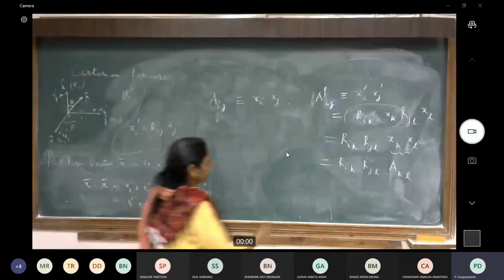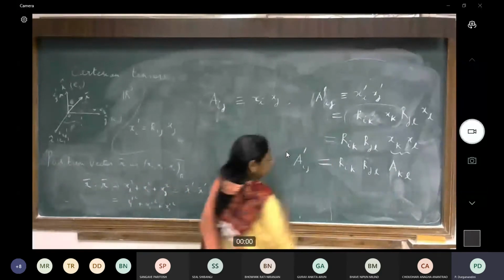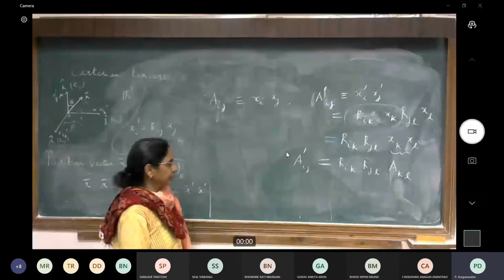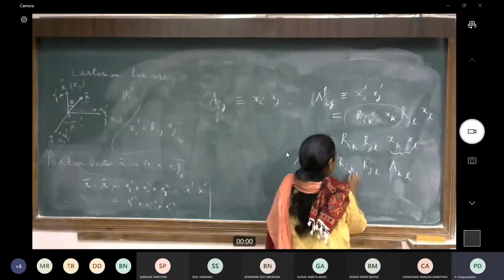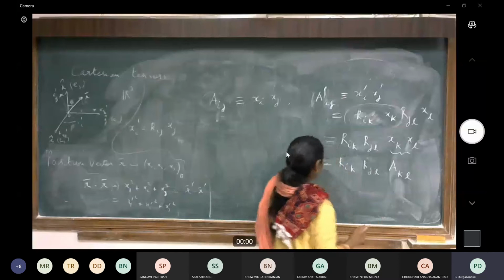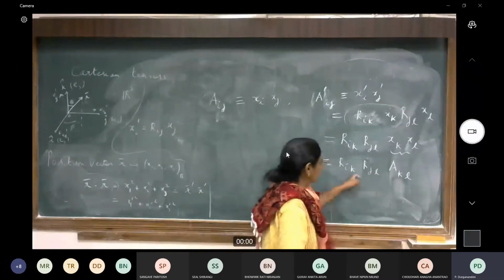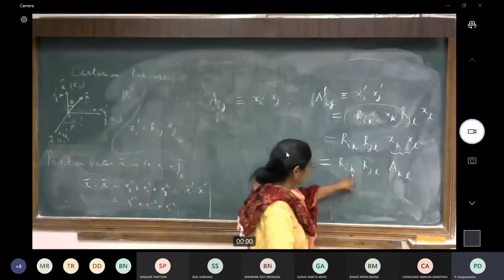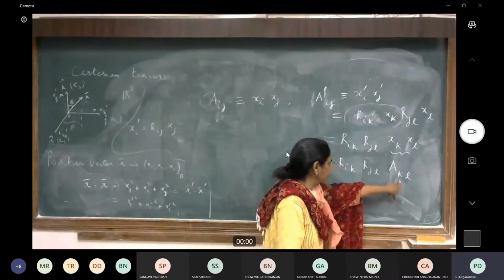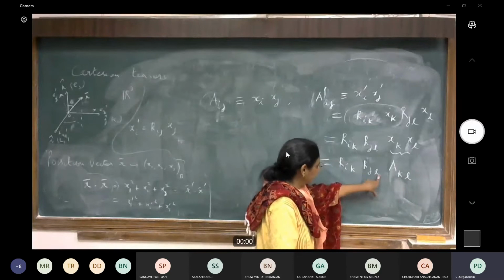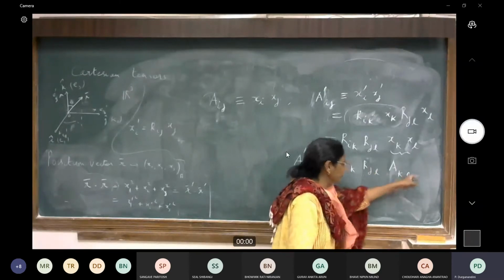Or in other words, what I find is that my Aij prime equals rik rjl Akl. Again, to understand the dummy indices: i and j here are free indices, or free subscripts. k is a dummy subscript, and the second subscript of this R is getting summed over with the first subscript of A, and the second subscript of the other R is getting summed over with the second subscript of A.